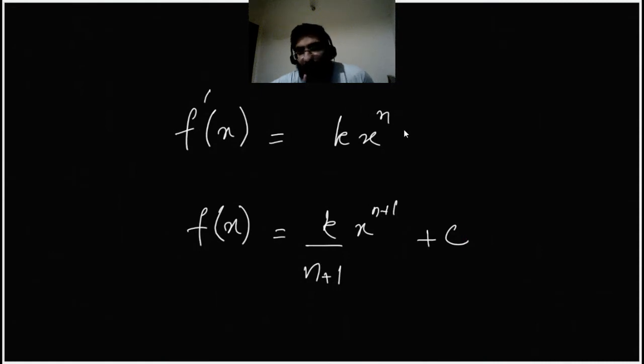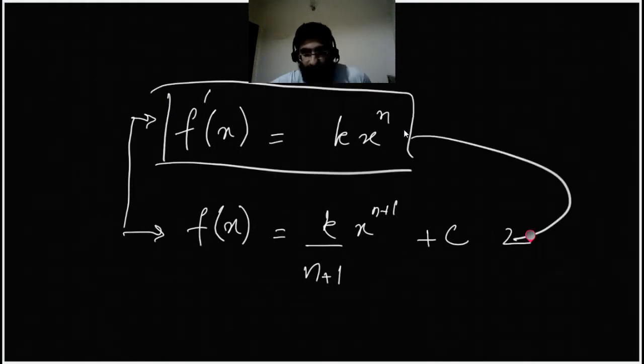Previously, if we had a function, we could find the gradient of the function by differentiating it with respect to x. Now, if we are given the differential of a function, we convert it into the original function by integration.